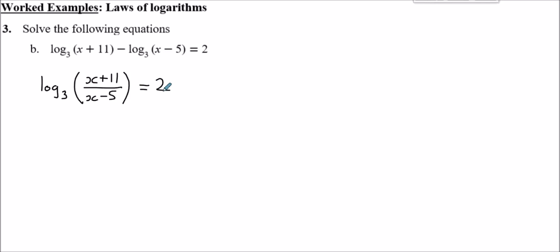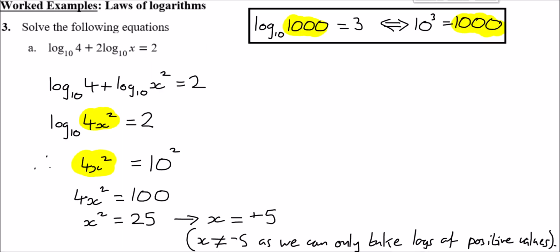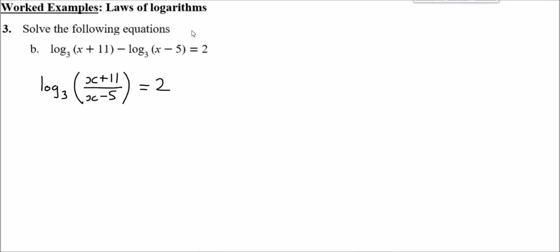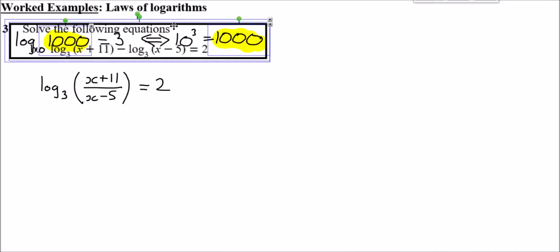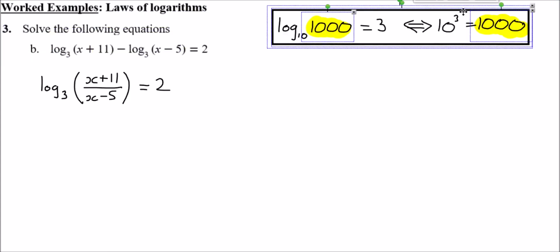So I'm just going to skip back to question 2 for this link here, which I'm going to copy down because it's going to be useful.